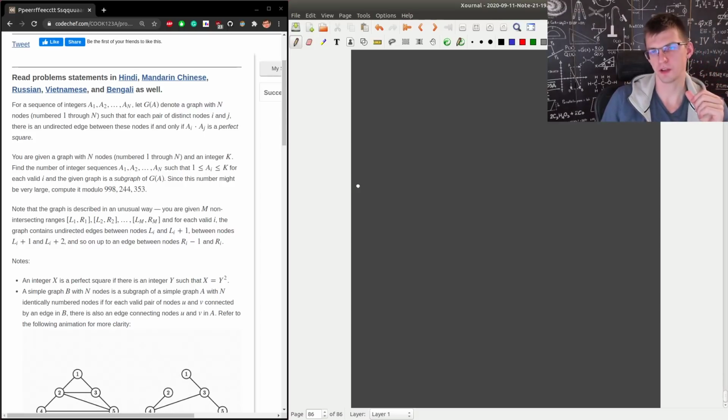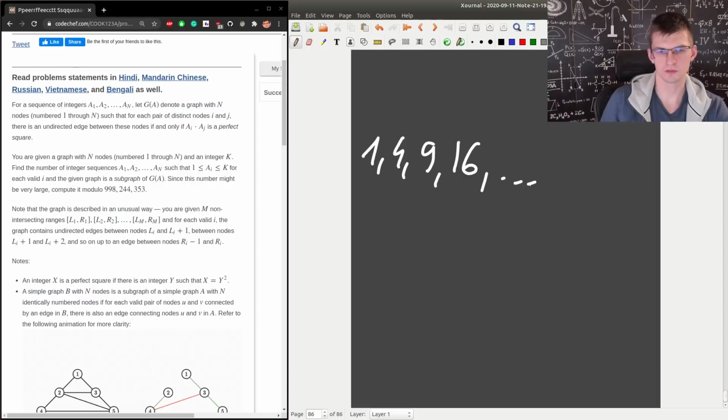For every value x, I have perfect squares of all numbers, 1, 4, 9, 16, and so on. All squares, there will be square root of k of them.